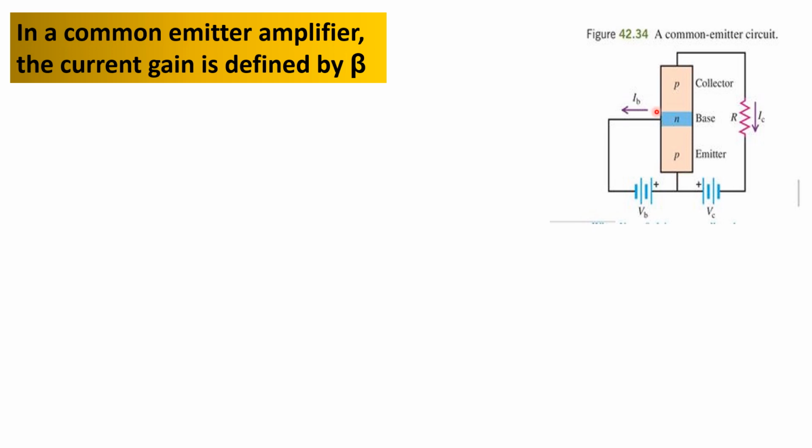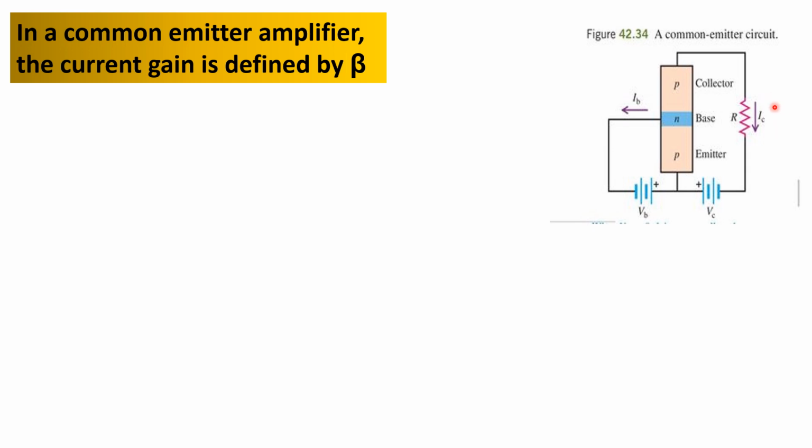Notice here that the direction of the current IB, the arrow, represents the base current, and it was mentioned that it's the base current that controls the collector current. So in this kind of setup, a small amount of base current will produce a large amount of collector current.